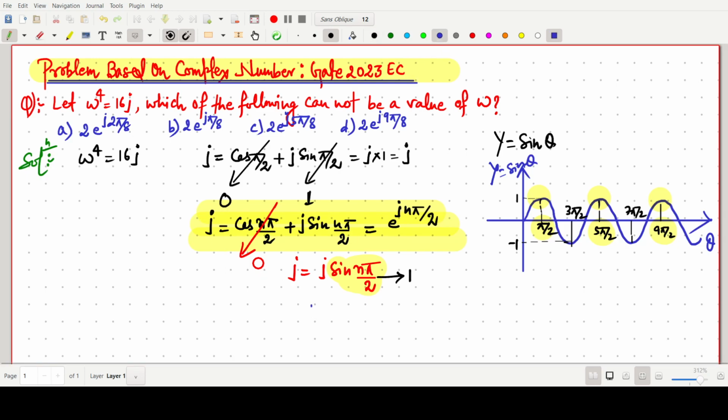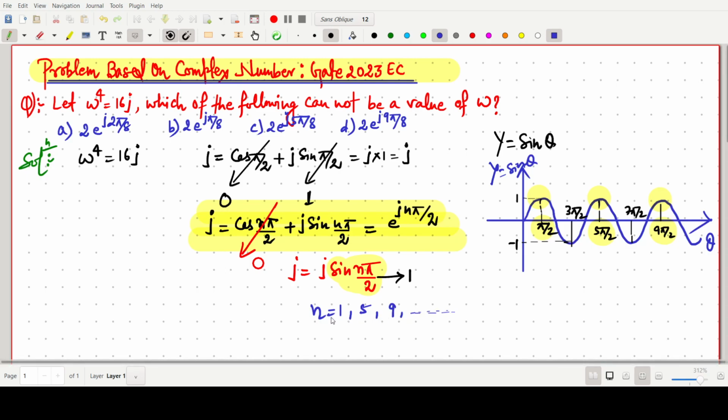The n value will be either 1, so it is n pi by 2, then 5, meaning 5 pi by 2, then 9, like this. So n value is 1, sin pi by 2 is 1. For 5 pi by 2, again 1, so it should be j.